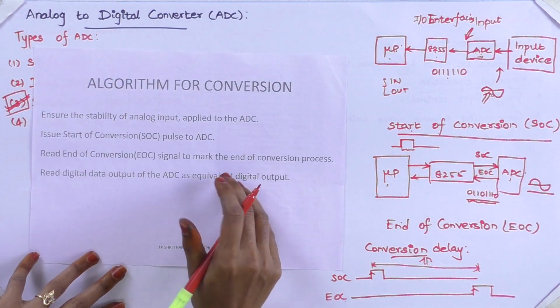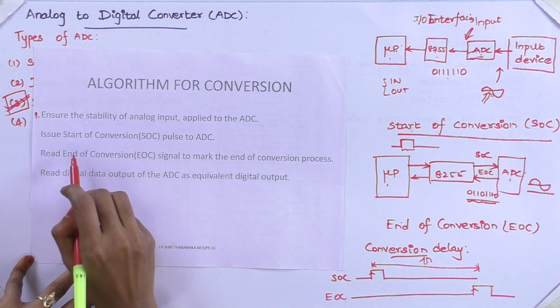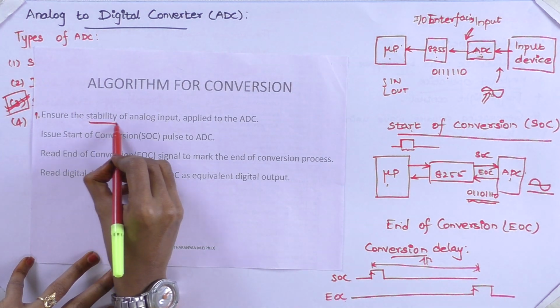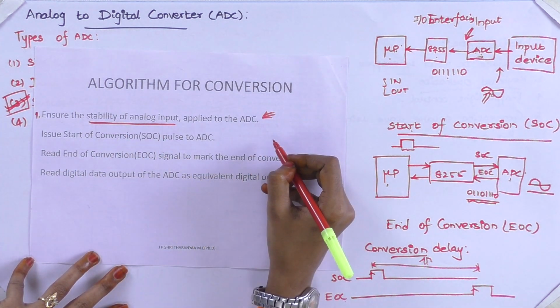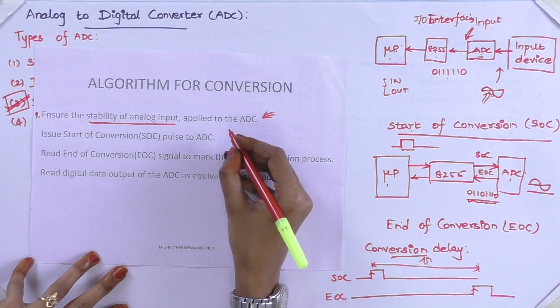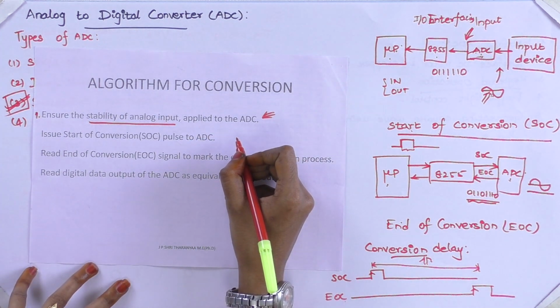Before we see the particular analog to digital converter IC, we will see the algorithm of analog to digital conversion. The first step is to ensure the stability of the analog signal. You have an analog signal which varies with respect to time.